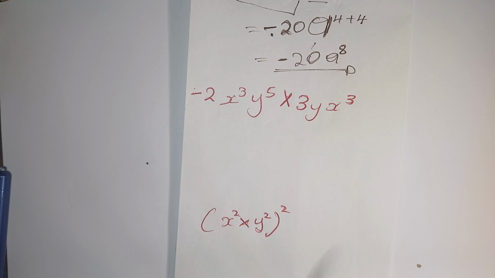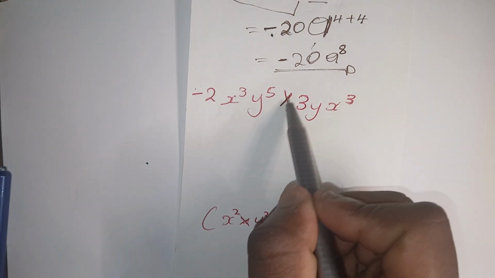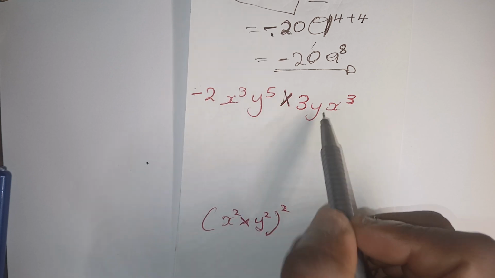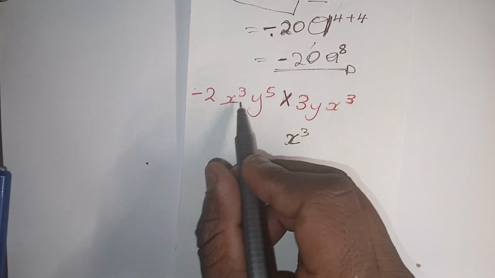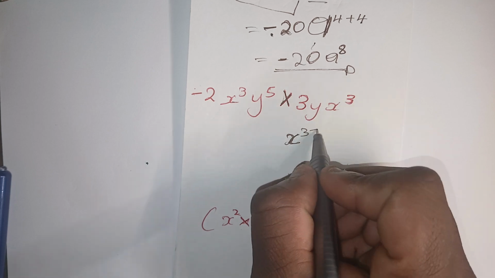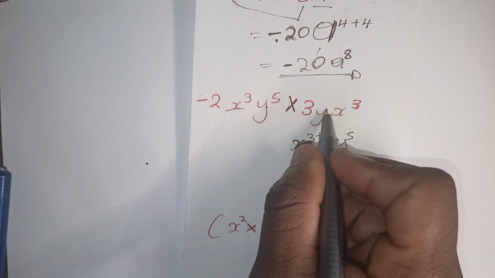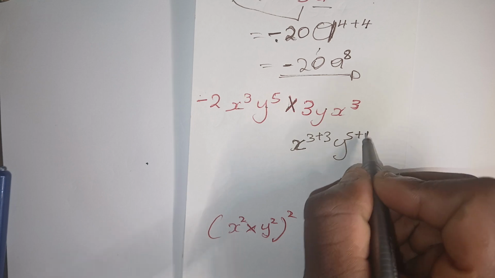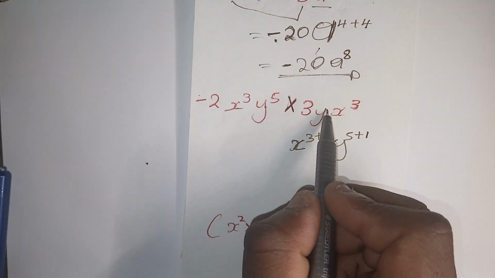Here's another one. When you multiply the same base, we add the exponent. You can see the x is 3 on this side and 3 on that side. Then y is 5 on that side, then there it's plus 1, because there we got an invisible 1.